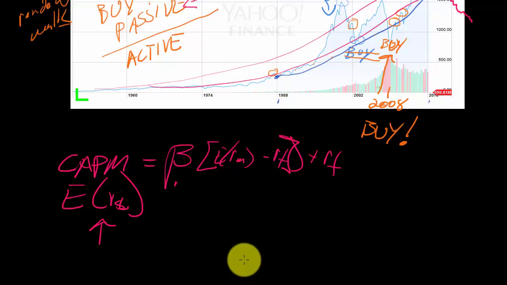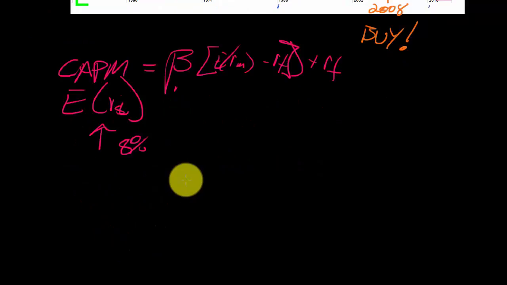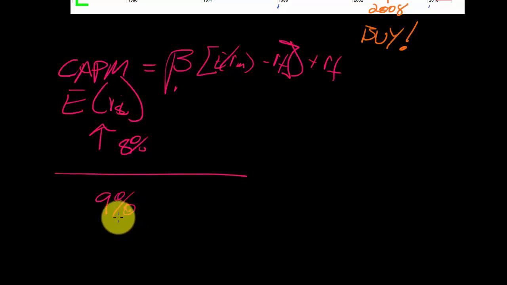And that's a little confusing, but let me put it this way. If you have all of this historic information and you plug it into the CAPM and your expected return is 8%, but you figure out that for this particular stock, the expected return is supposed to be 9%, then you know something that we don't know.